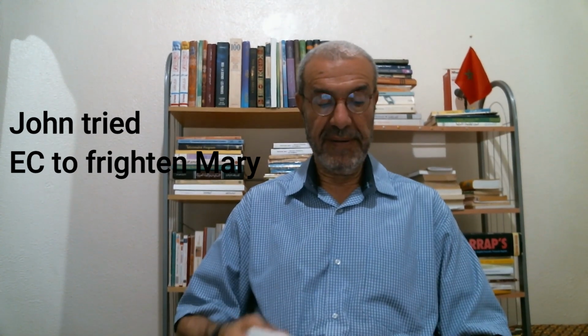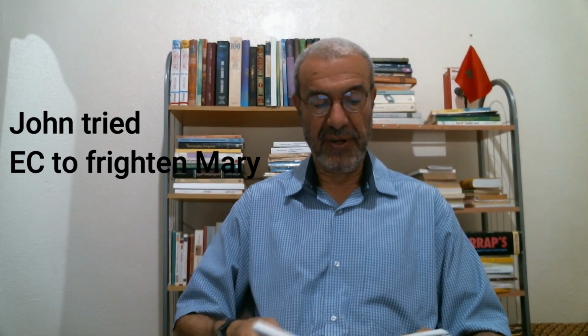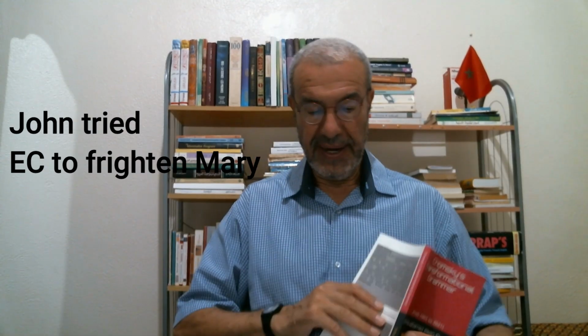So here the verb tried, for tried you have John, but then who is the subject of frighten? Well, Chomsky suggests an empty category, a hidden pronoun, which is controlled, as far as reference is concerned, by the first John. So John tries, John, that is himself, to frighten Mary.